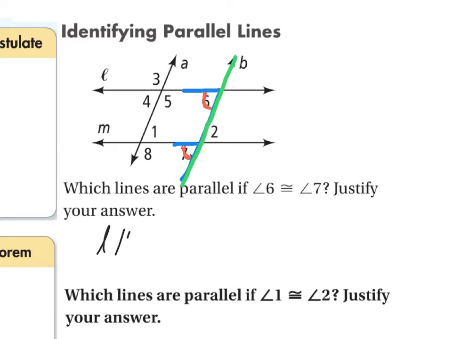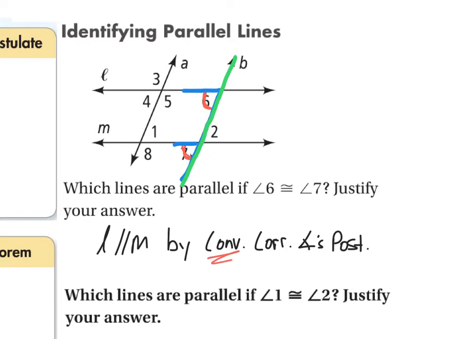So L is parallel to M by, and again, we're proving parallel lines, so that is the converse of the corresponding angles postulate. On a test or a quiz or even homework, yes, you have to say that you're using the converse of the corresponding angles postulate.